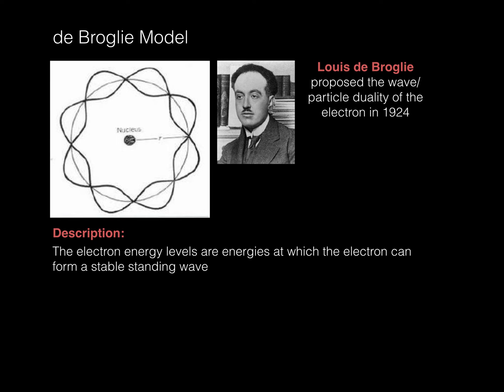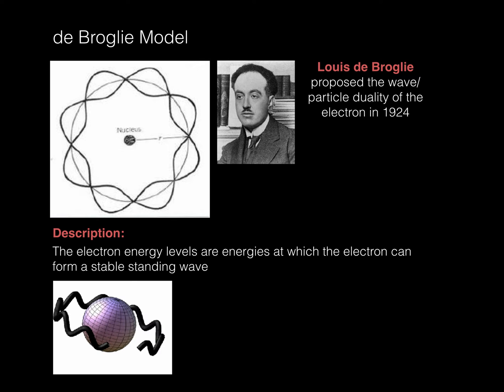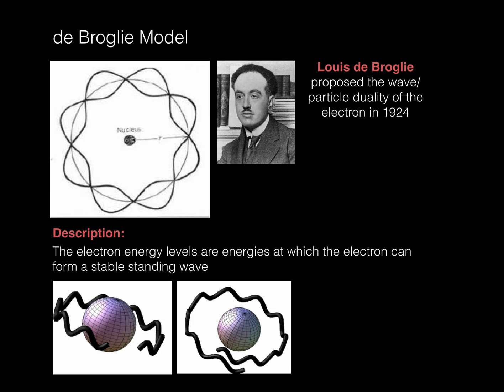The electron energy levels are energies at which the electron can form a stable standing wave. If the wavelength isn't able to reach all the way around, the electron won't be able to exist in that energy level. If the wavelength is such that it goes around and then a little bit before the wave is completed, the electron would cancel itself out, and as a result it cannot exist in that energy level either.